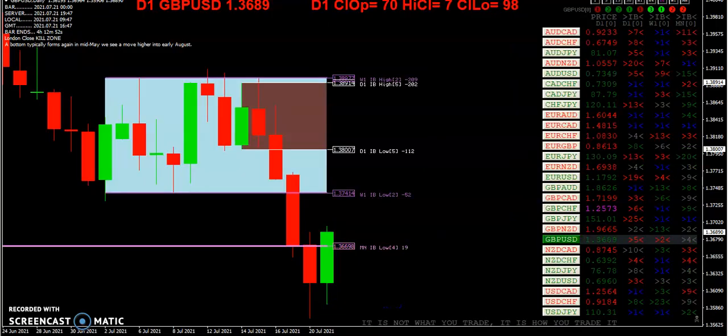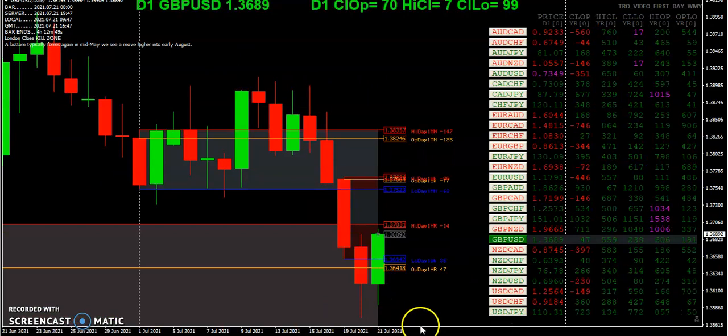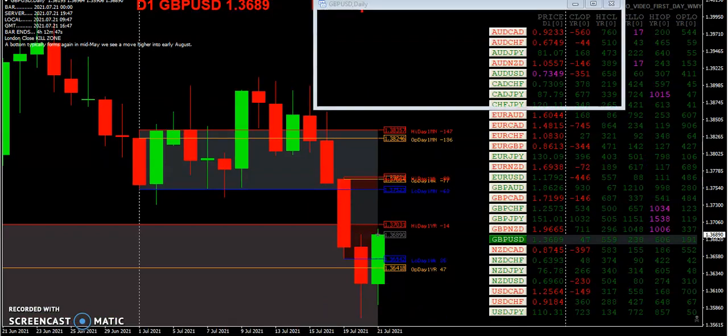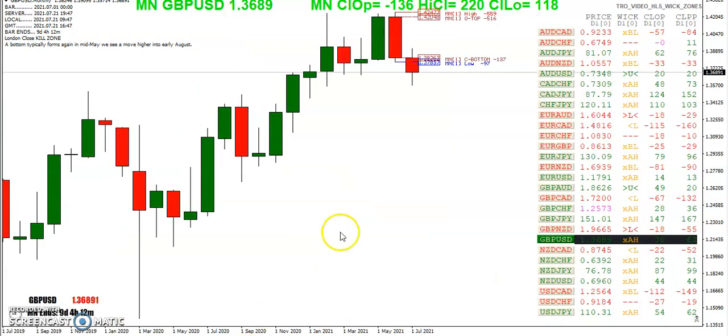And actually, let's just go back through some of these charts that we normally look at, because we want to look for repetition, breaking out of a previous low. In this case, it's on the monthly chart, break out of that previous low.